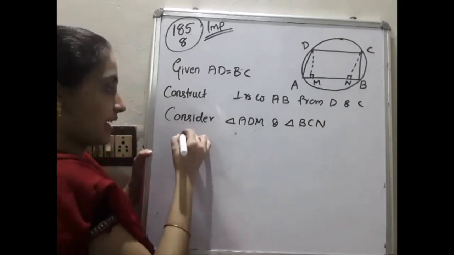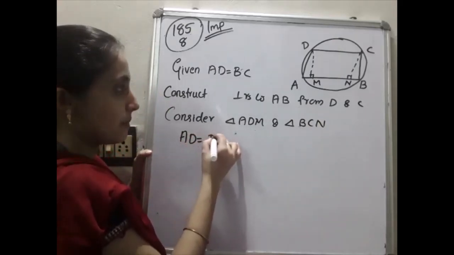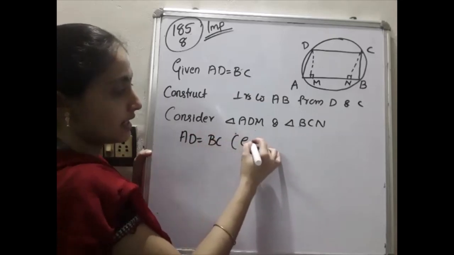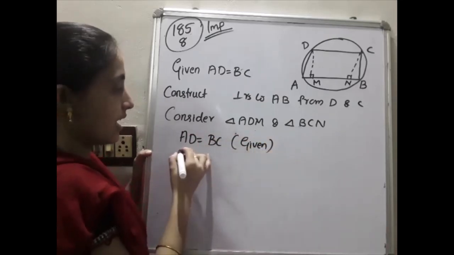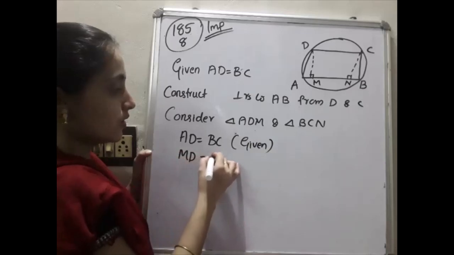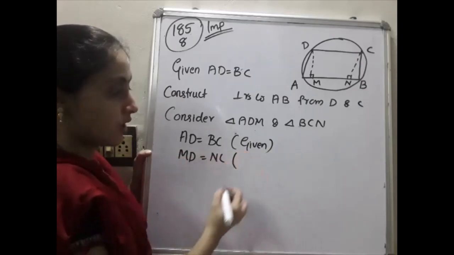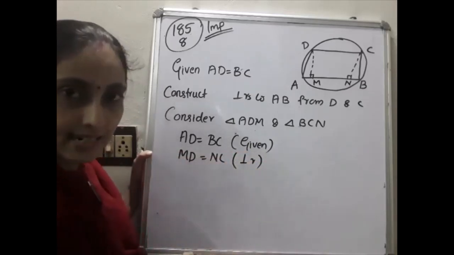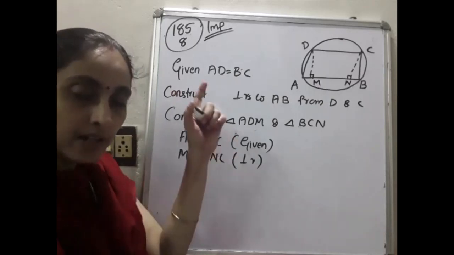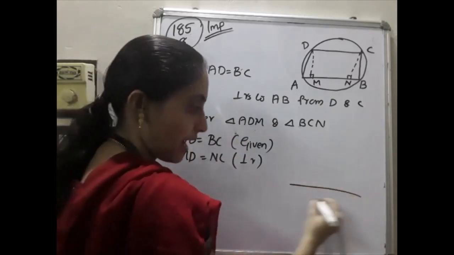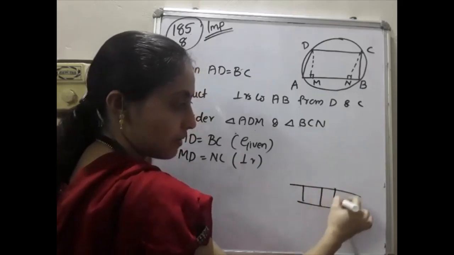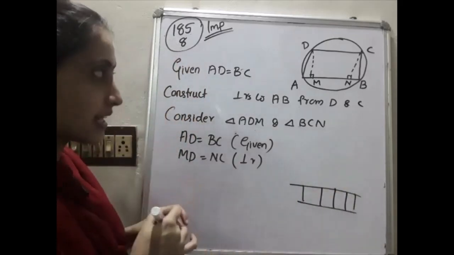Yes, AD is equal to BC. That is already given in the question. Then MD is equal to NC. That means the perpendicular distance. If two lines are parallel, whichever height you take, it will always be the same. So that is the condition here.